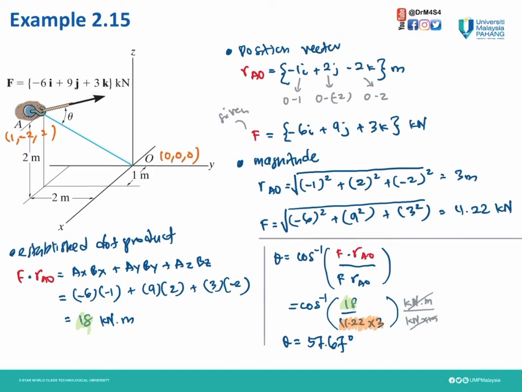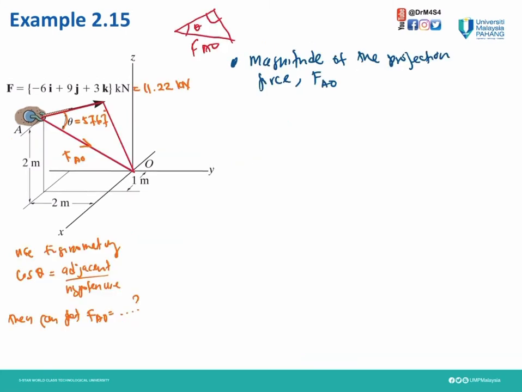Please do remember the unit for 18 is kilonewton meter. The unit for the magnitudes is 11 kilonewton times meter. So kilonewton meter, we can simply cancel it out. We get our theta is 57.67.